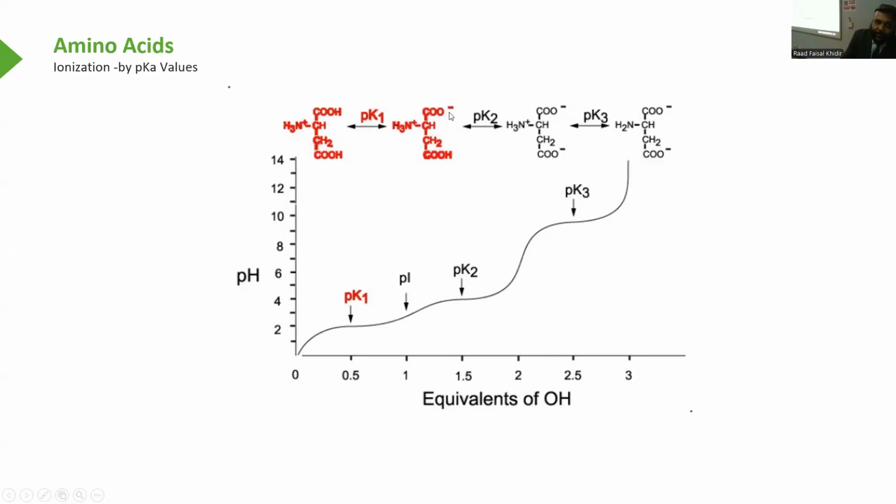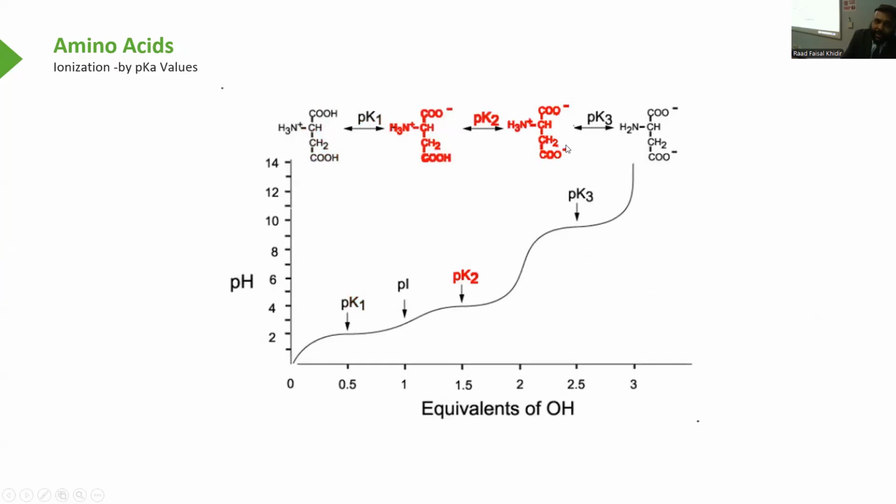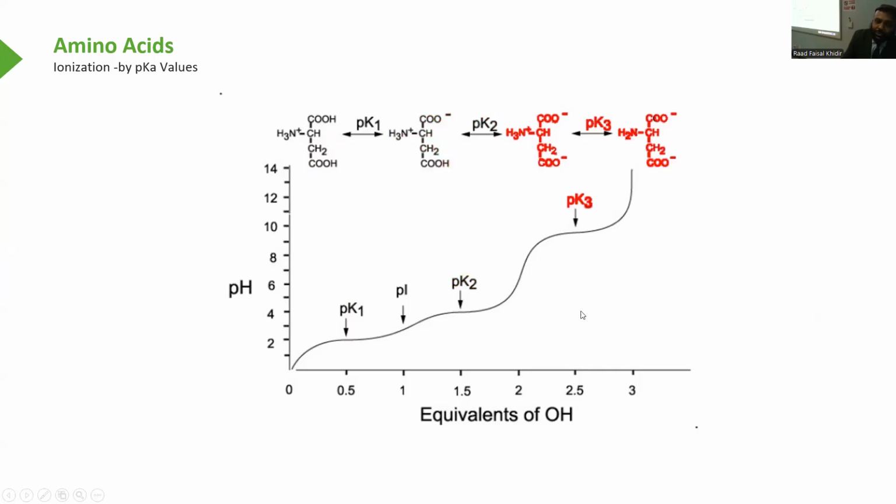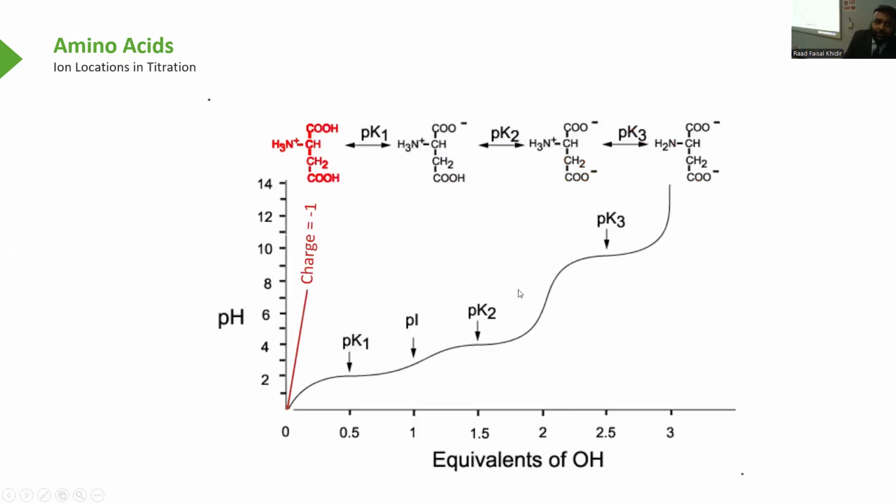Then as we increase the pH, the next group is going to lose another proton. And as you increase the pH, the NH3 is going to lose another proton. So that shows you that these groups are ionizable and they are affected by the change in pH. The more the pH increases, the more deprotonation, the more hydrogen protons we lose.